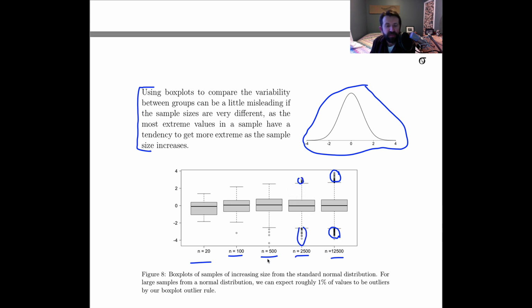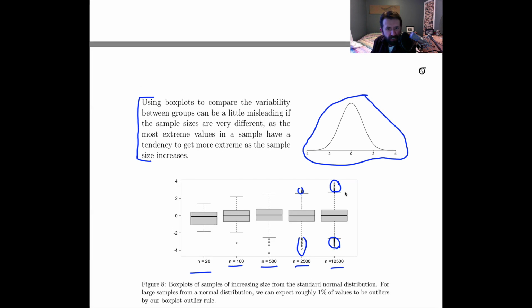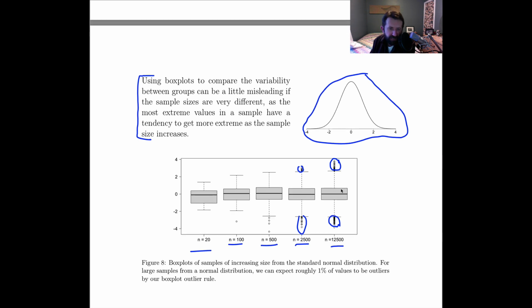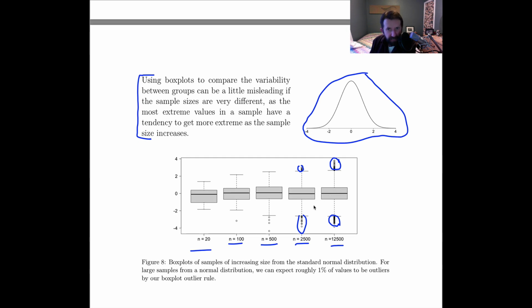As our sample size increases, we tend to see more and more outliers by the boxplot outlier rule, certainly. And just as a little casual notion that might help, for larger sample sizes, we tend to see by this boxplot rule about 1% of them being outliers and drawn in individually. So when we get really large sample sizes, we get more outliers like this.